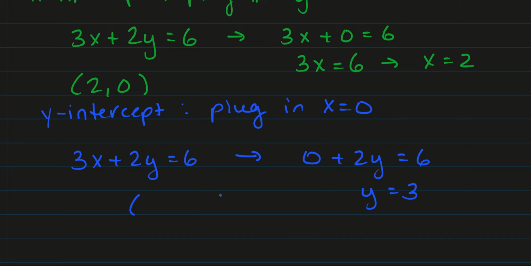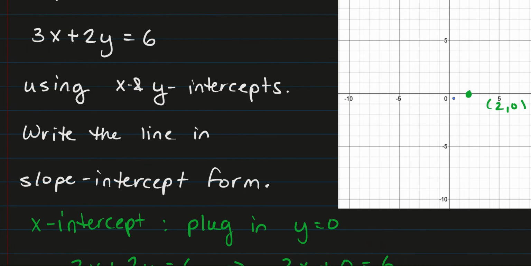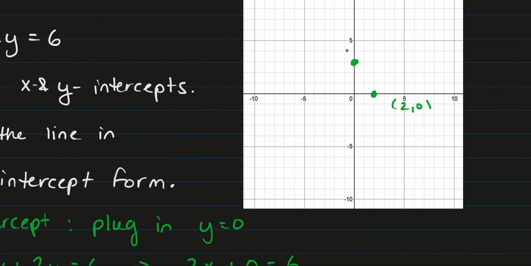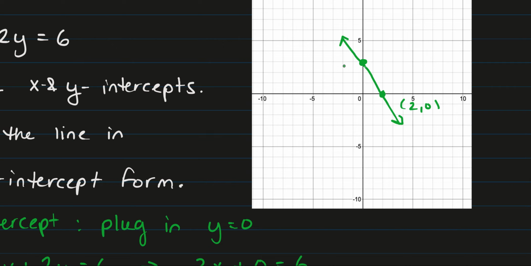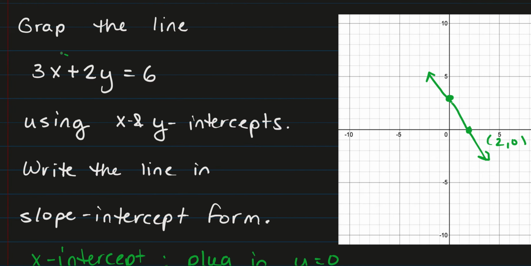So our y-intercept is when x is 0 and y is 3. So let's put a point right there at (0, 3). 1, 2, 3, right here. And now let's draw a line through these 2 points. Okay, and this is the graph of the line, 3x + 2y = 6.